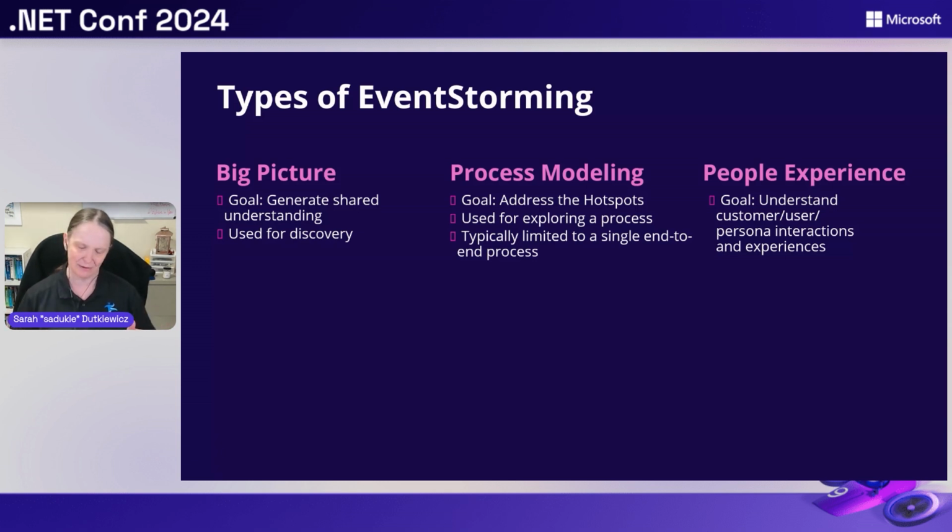I build this on top of process modeling, and I think about it as how does each step impact your users? How does it impact your customer relationships? How does it impact your developers? So if you're a company who deals with developer tools, for example, you have to think about the developer experience. So you really want to have those conversations to understand that, because those are the ones who are making your money.